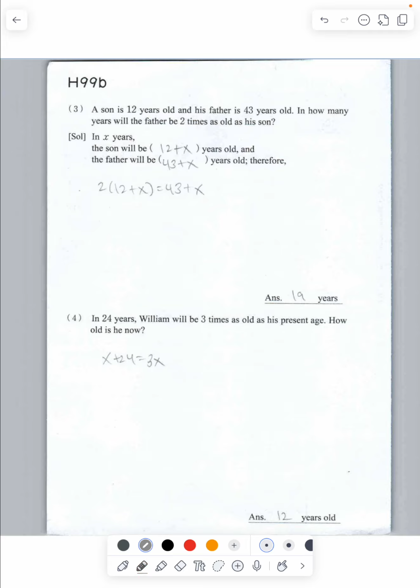Okay? So in that case, in X years, the son will be, can you tell me what this is? Son will be? 12. 12 plus X. Good job. All right. The father will be? 43 plus X. Very nice. All right. So when that's done, how do you represent the equation?